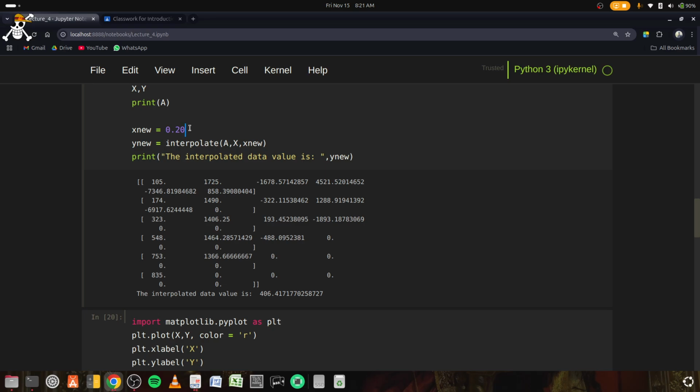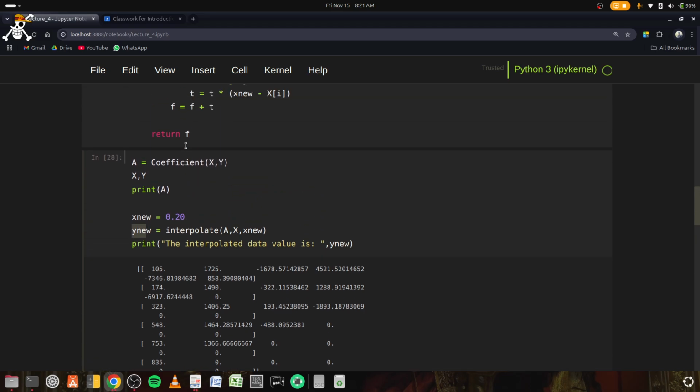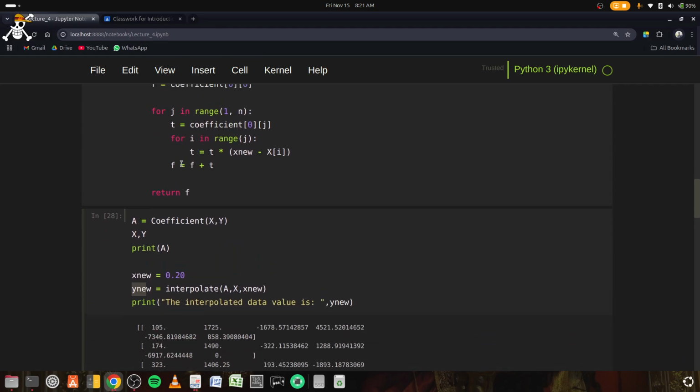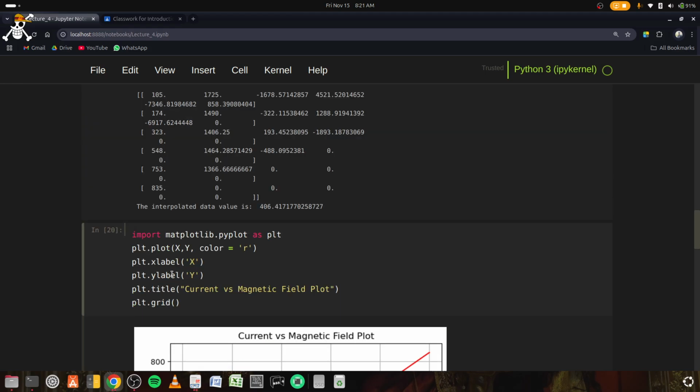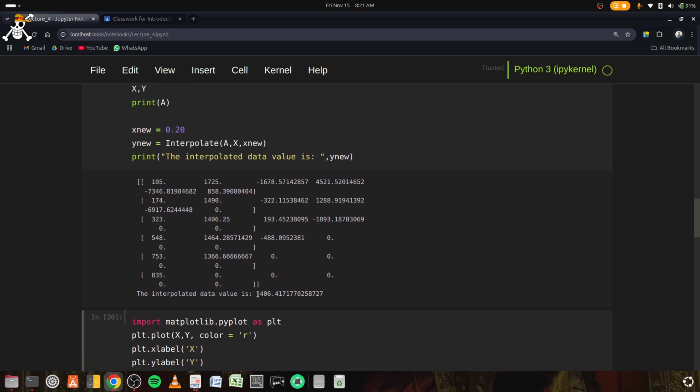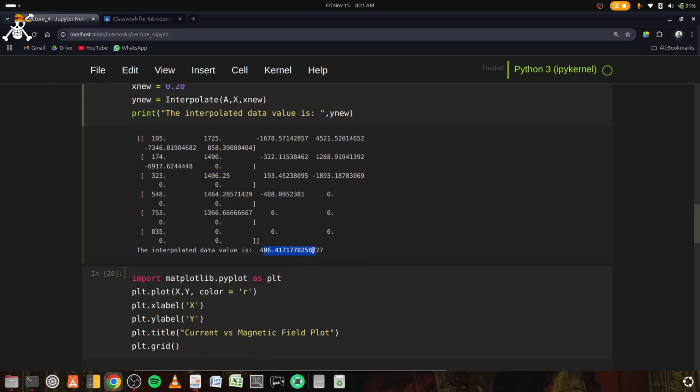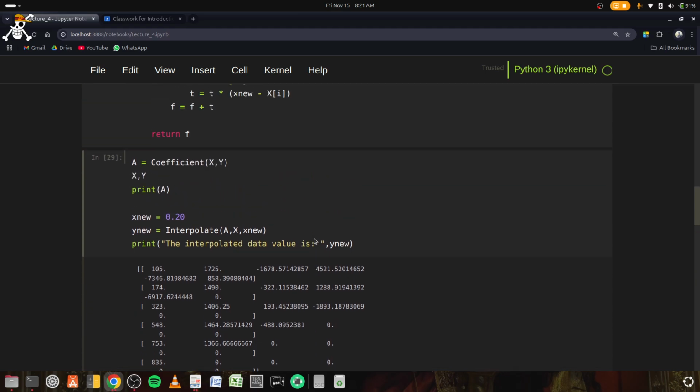So we wanted to find what is the magnetic field at the current 0.2. Then what will be y new? Y new will be the result of this function. So it is the result of the function interpolate, and the answer will be 406.417 and the numbers beyond that. So the answer will be close to 406 Gauss, right?